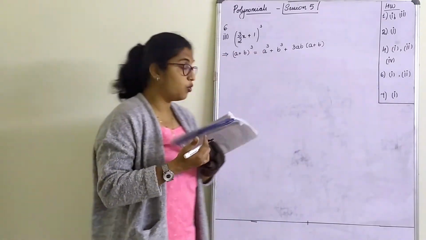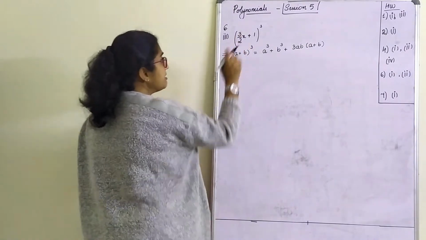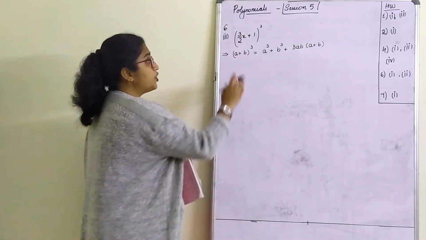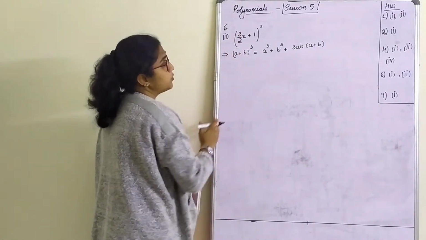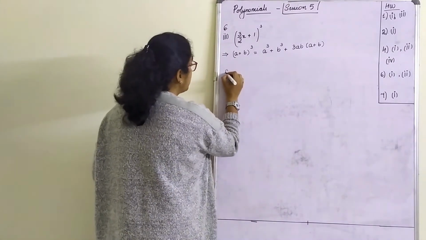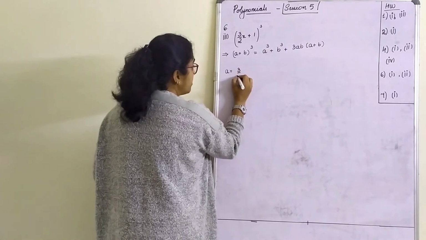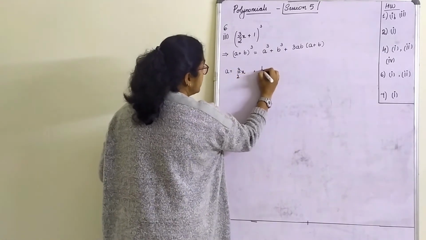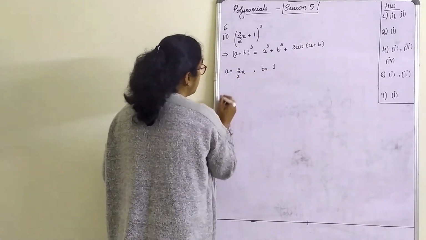6th main, 2 homework. So 3 by 2x plus 1 is of the form a plus b whole cube, which is equal to a cube plus b cube plus 3ab of a plus b. If you want you can write what is your a term. A term is 3 by 2x and b term is 1.